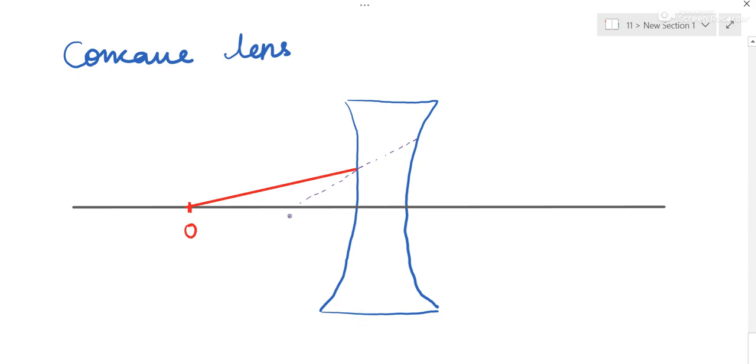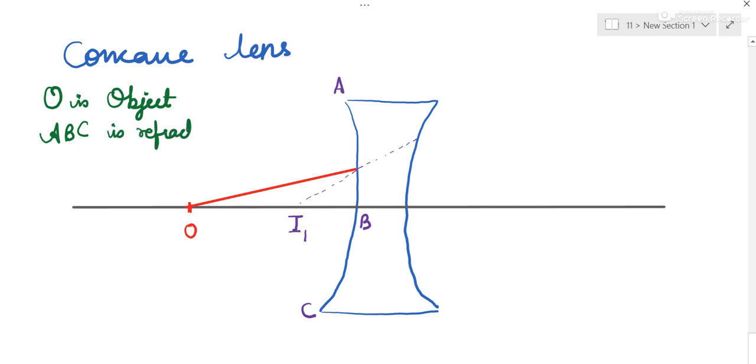This is I1, and the first surface is A, B, C. The same type of labeling you have to do: O is the object, A, B, C is the refracting surface, I1 is the image.